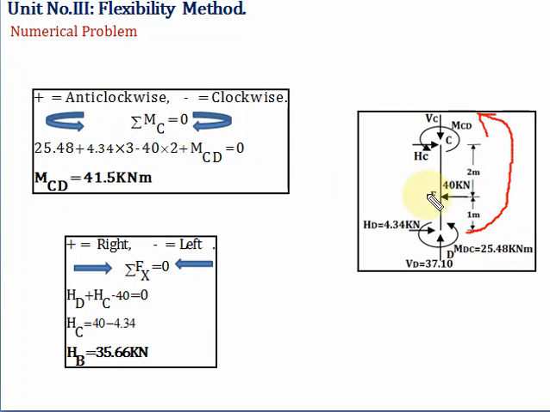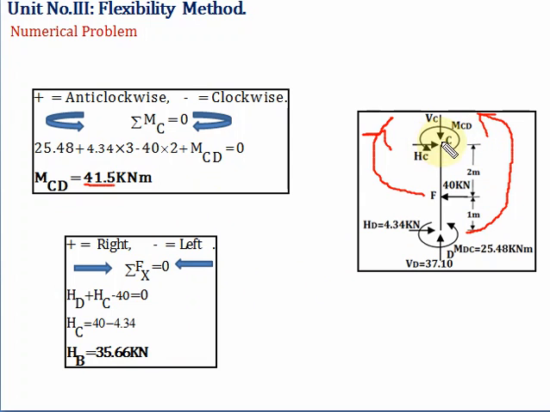Then the 40 is acting in the clockwise direction, so minus 40 into 2, plus MCD, acting in the anti-clockwise direction, so plus. So the value of MCD is what? After solving this, we will get the value of MCD as 41.5.